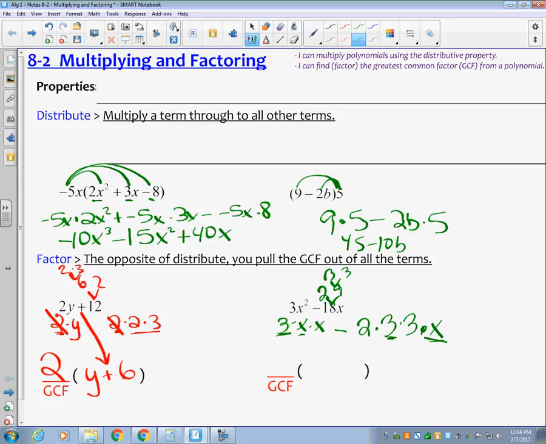Okay, so now I can see my greatest common factor is 3x. And once we write that down, we're going to cross those out. What's left goes in the parentheses. So I just had an x left here. My sign stays the same. And I have a 2 times 3 inside the parentheses.